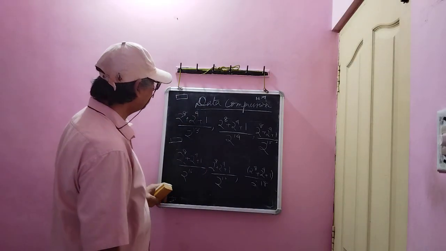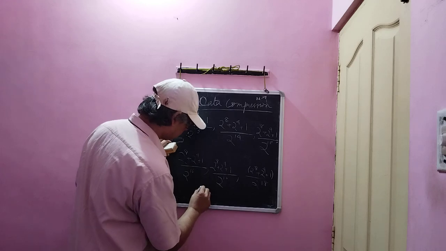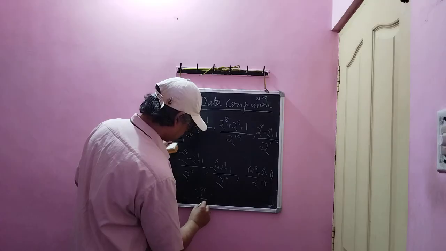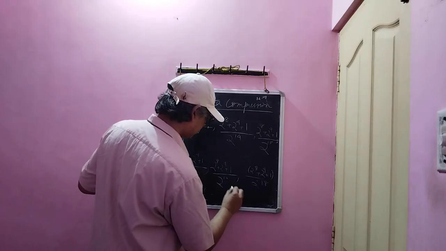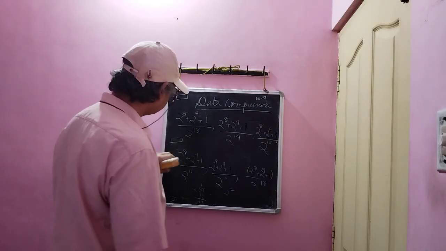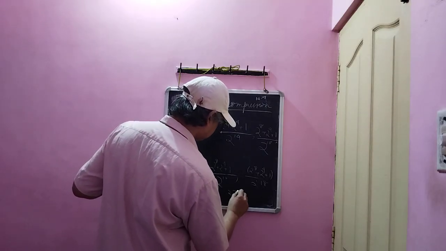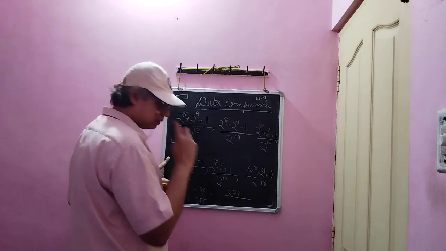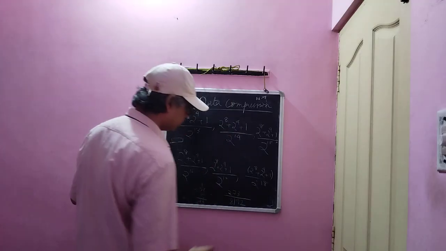This value will be 256 plus 16 plus 1, that's 273 by 2 power 13, 8192.